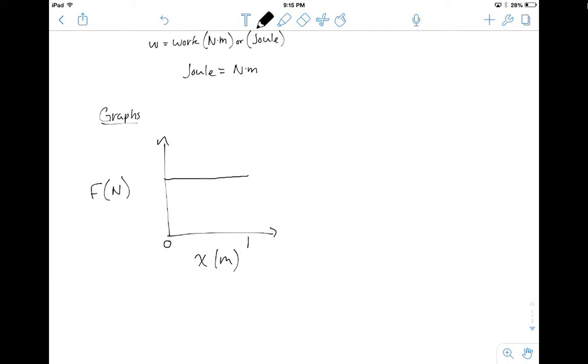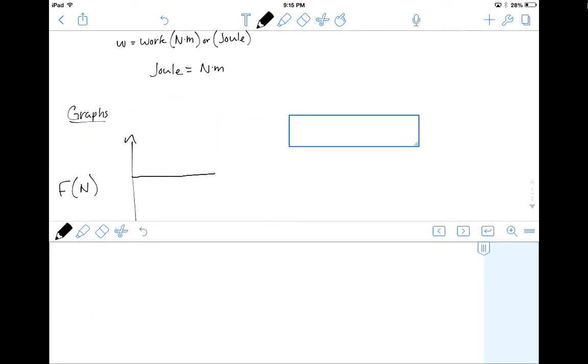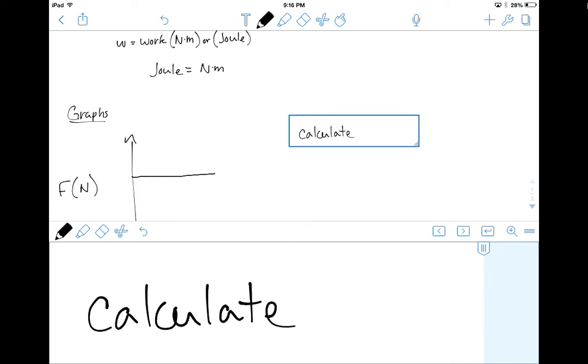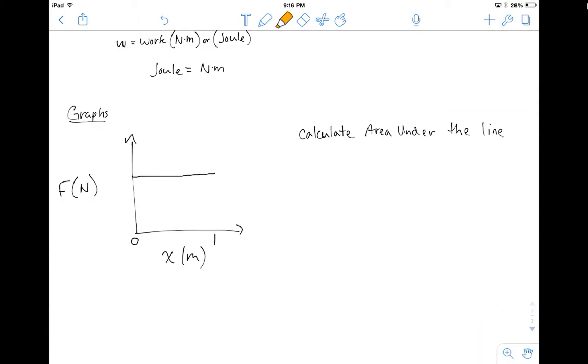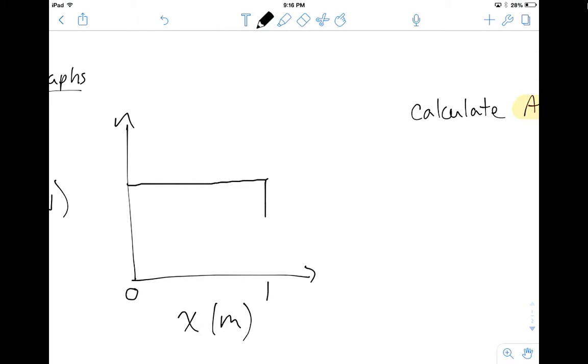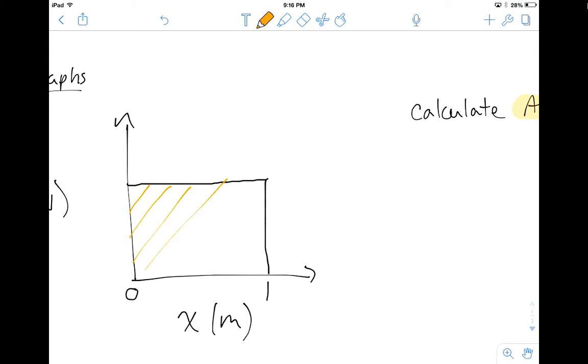Now, the way that we would calculate the work done here would be to calculate the area under the line. I'm going to highlight the area under the line. We're talking about calculating the size of this box.